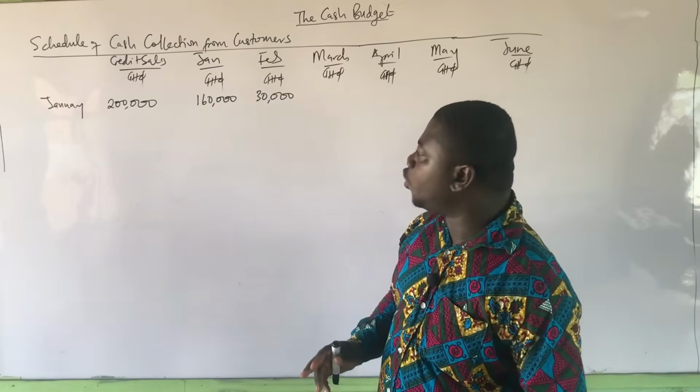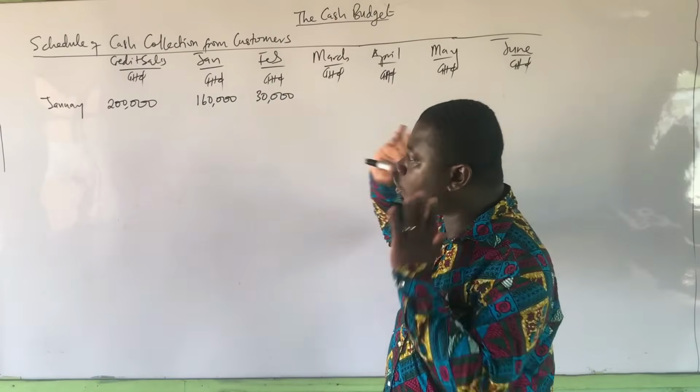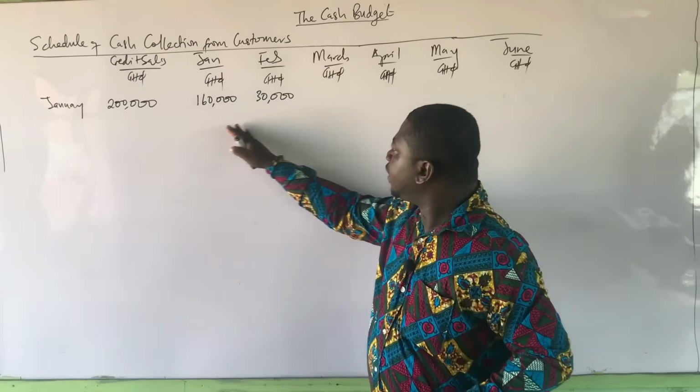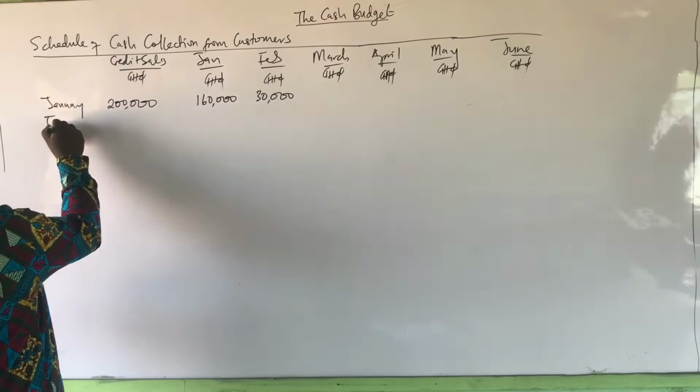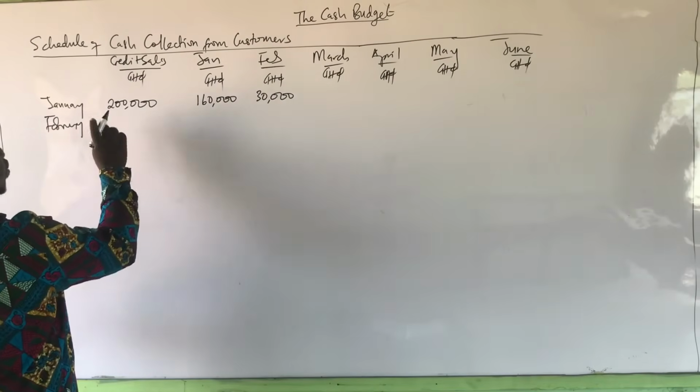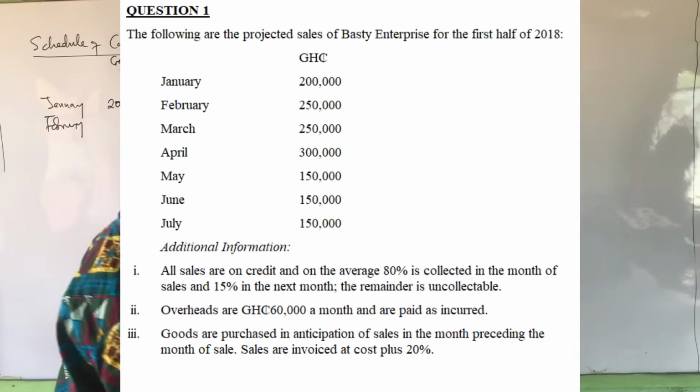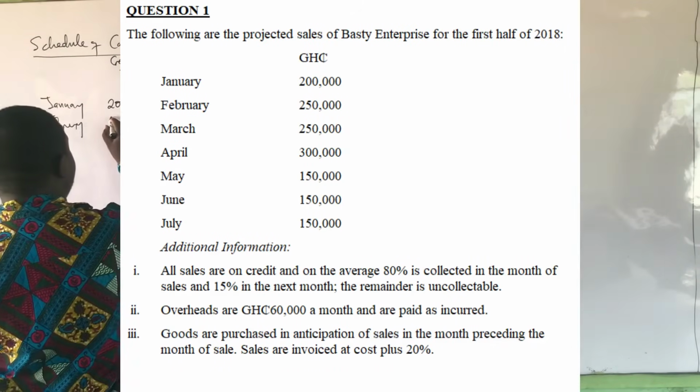But we know what we are working at. So please, the concept is what I want you to understand. This is what you do. And then after you are done with January, you come to February. So February sales, the credit sales for February, according to the question, is 250,000.